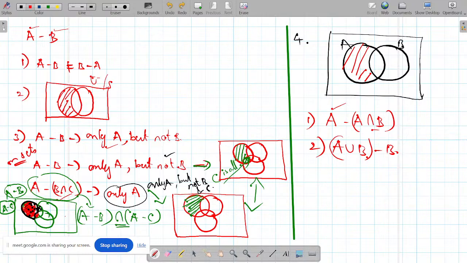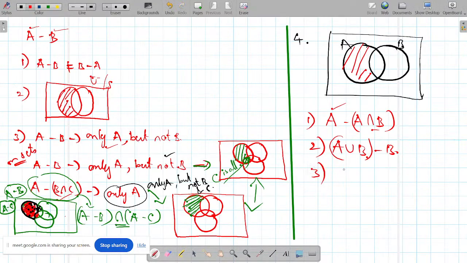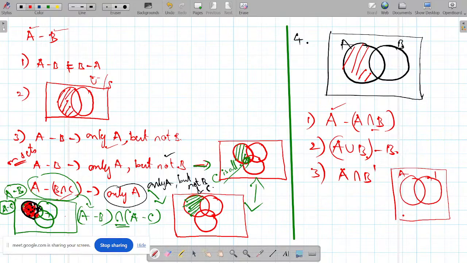So this will happen. Third one, A intersection B dash. Can you please guess A intersection B dash. Which is B dash? I'll go for the Venn diagram. This is A. This is B. B dash is this one. B dash is not in B, right? How do you read B dash?